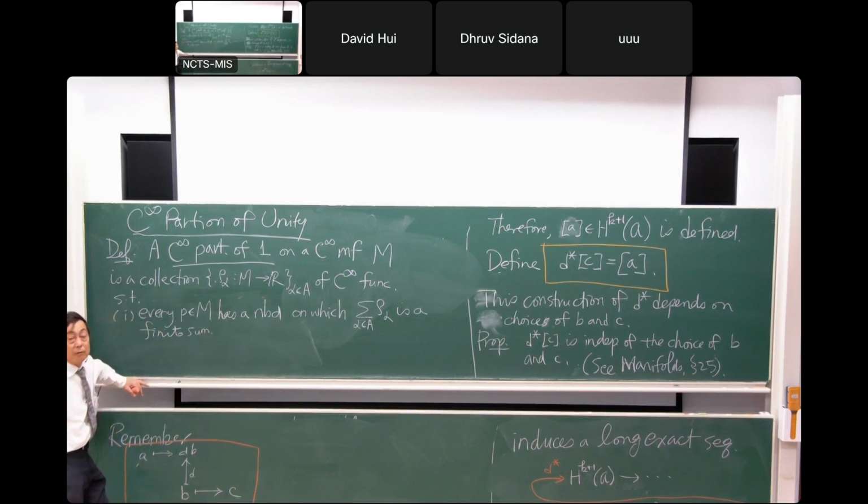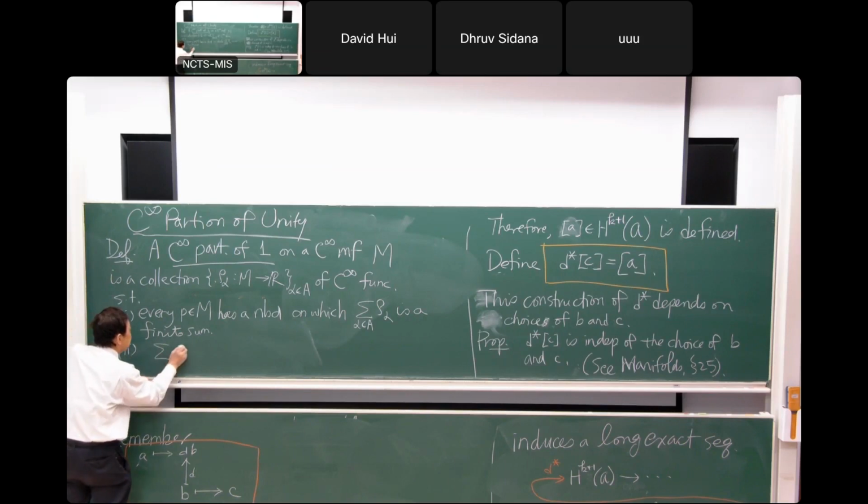Okay, so in this way, the infinite sum makes sense because at every point, it's actually a finite sum. Okay? And then of course, the sum is equal to 1.